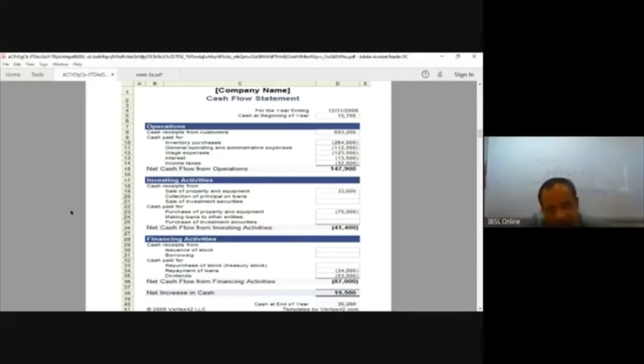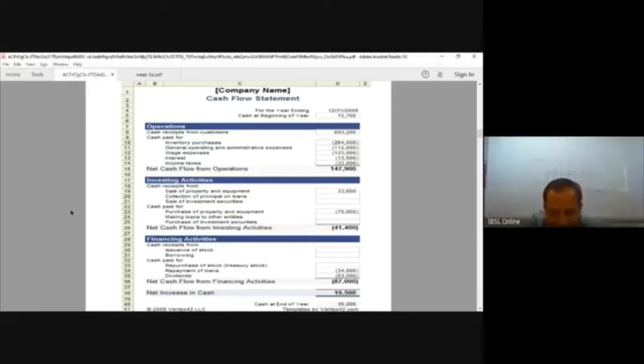Dividends also, if paid during the year, are taken into account. So you look at the net cash flow from financing activities. You found that from the operation there is a positive cash flow, and from investing and financing activities we have spent more, 41 million and then 87 million for financing activities.